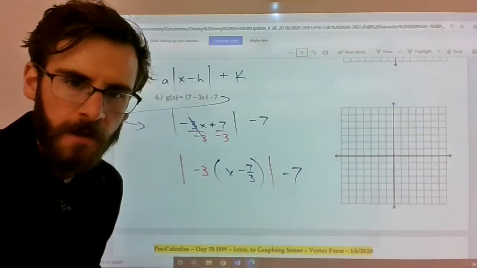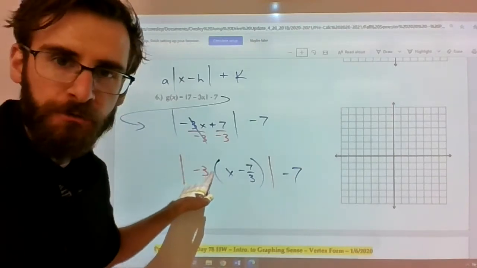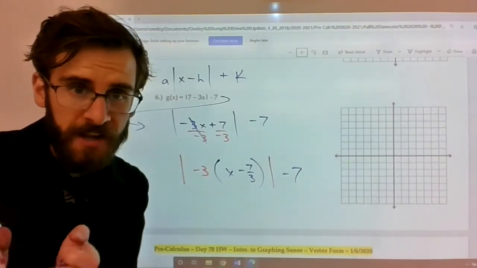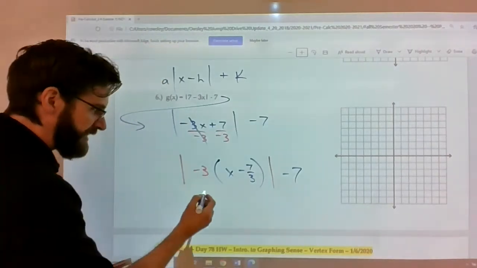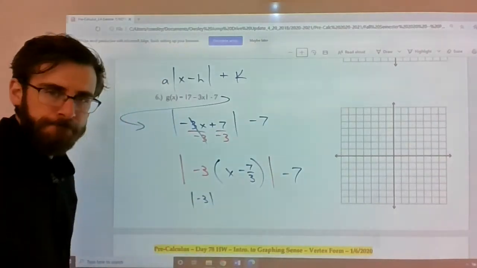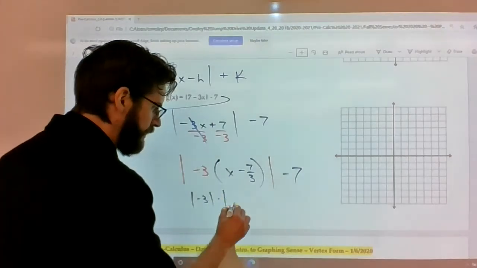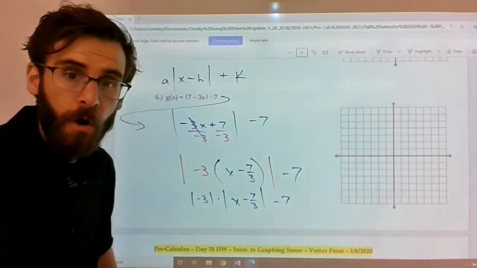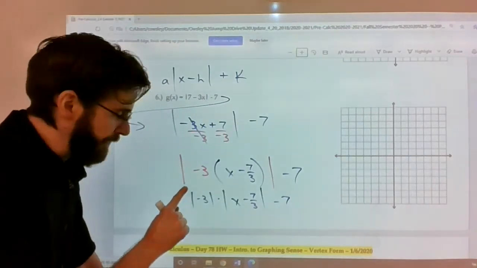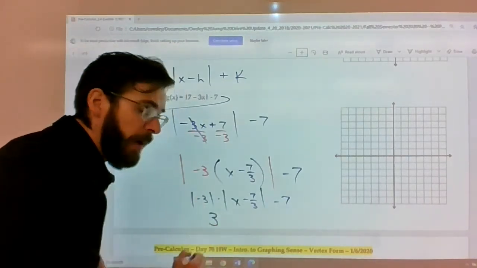But here's the deal. When you multiply two absolute value terms, you can separate them into two absolute value quantities multiplied together. So I can take the absolute value of -3 times the absolute value of x minus 7/3. That works. Then I can just take the absolute value of -3, which is +3.